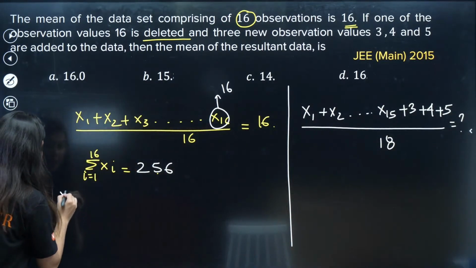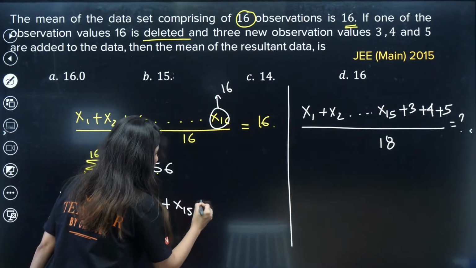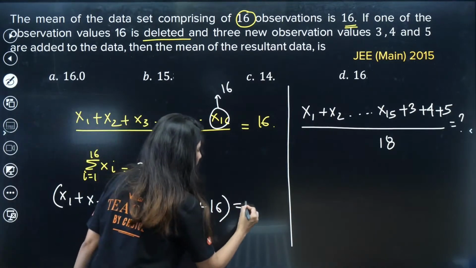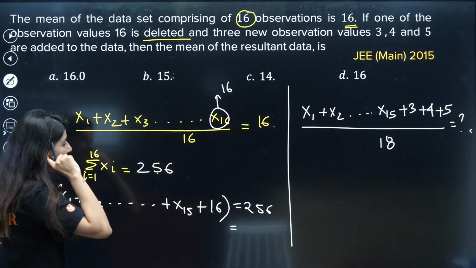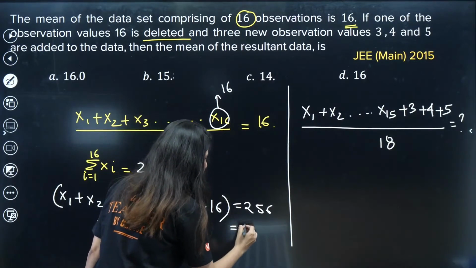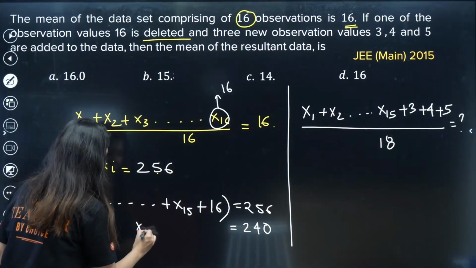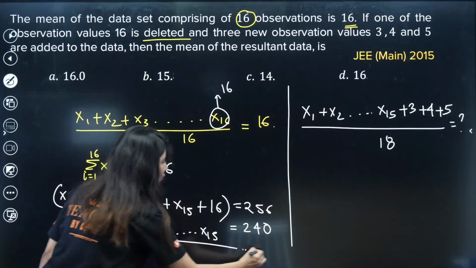Okay. So now I know that x1 + x2 up to x15 plus the last one, 16, is nothing but 256. So 256 minus 16 would be 240. So x1 + x2 up to x15, I know the value, which is 240.